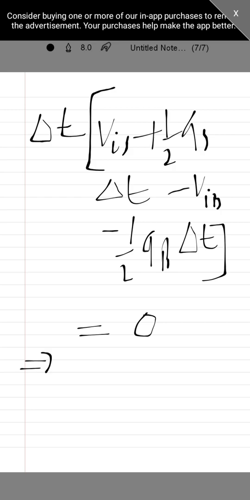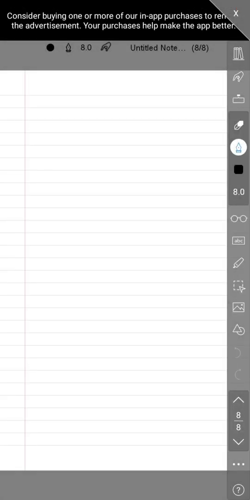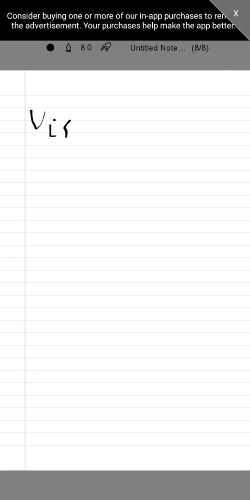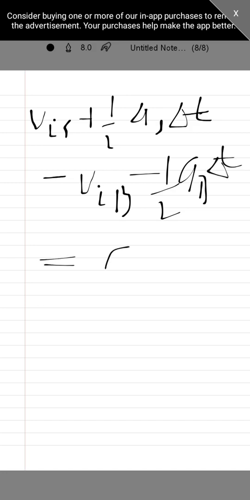So from this equation, the solution is either this equal to 0 or V_IS plus half A_S change in time minus V_IB, which is the initial velocity of rocket B, minus half A_B change in time equal to 0.